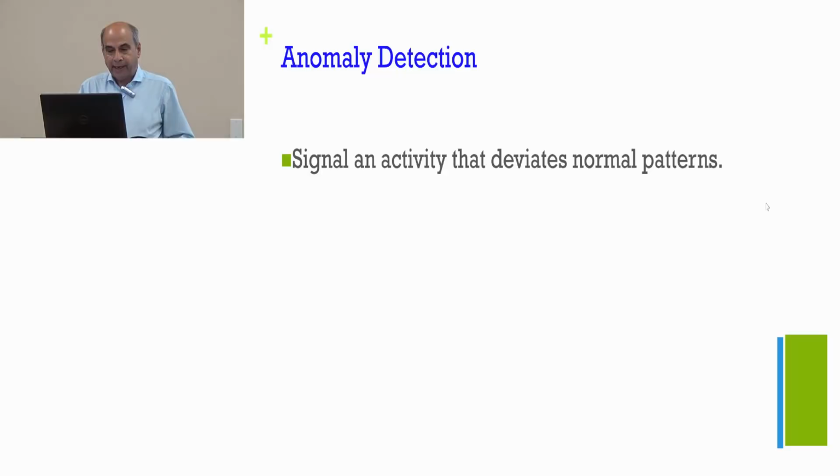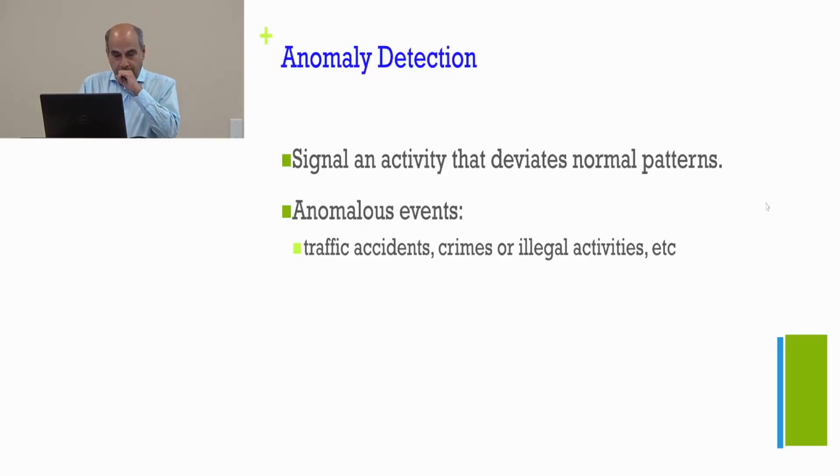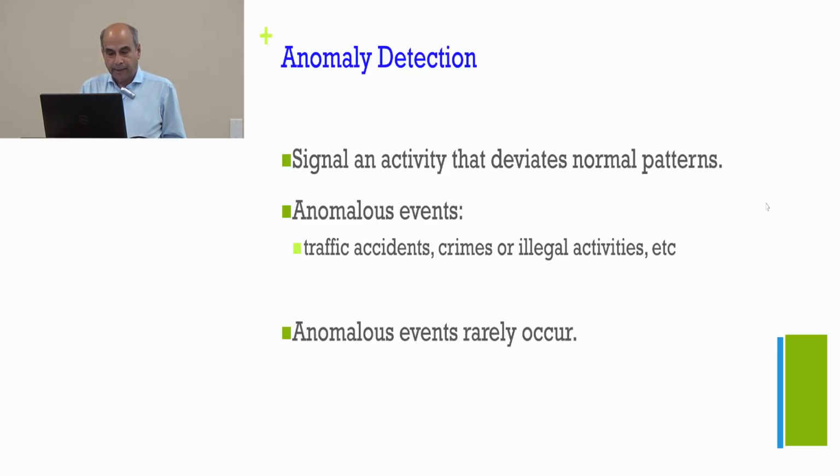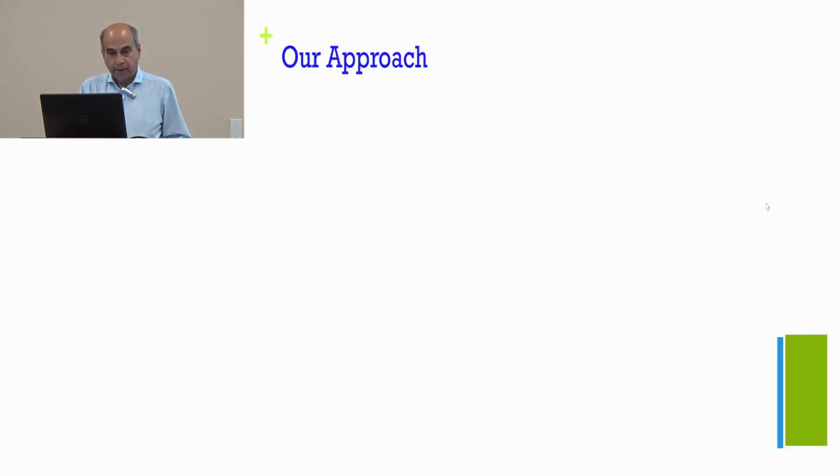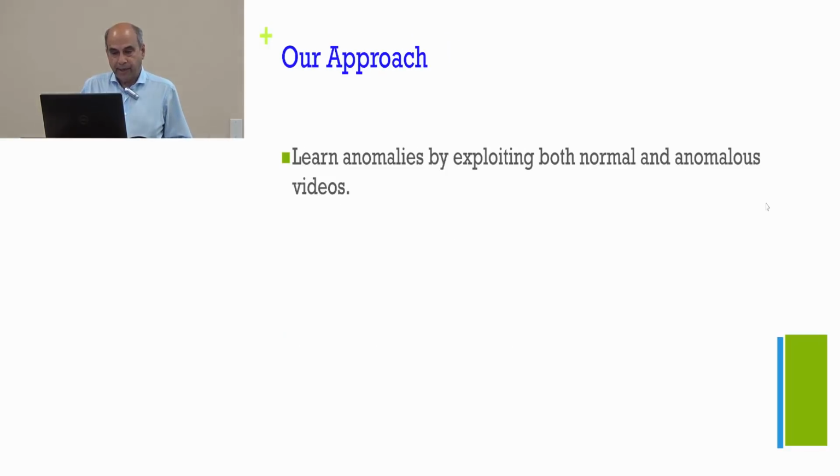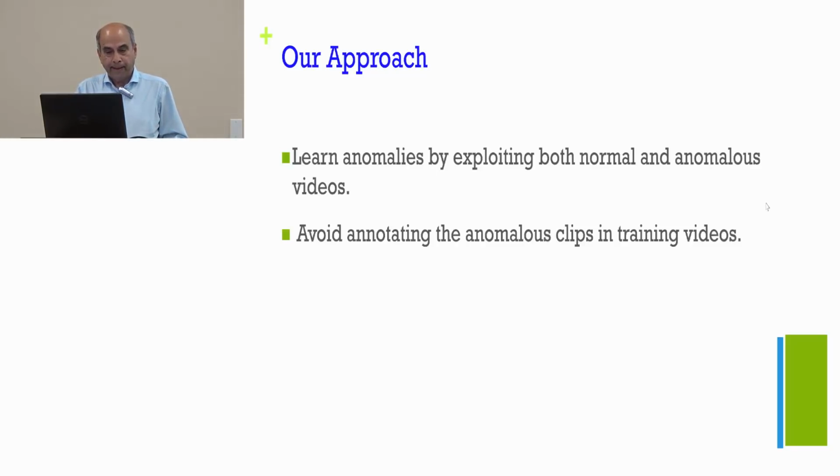An anomaly signals an activity that deviates from normal patterns. These anomalous events can be traffic accidents, crimes, or illegal activities, and they rarely occur. Our approach is to detect anomalies by exploiting both normal and anomalous videos.